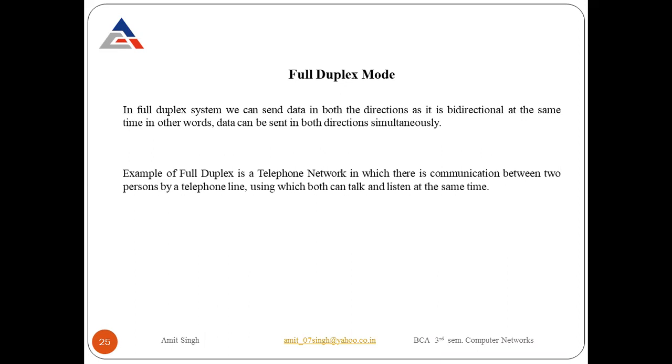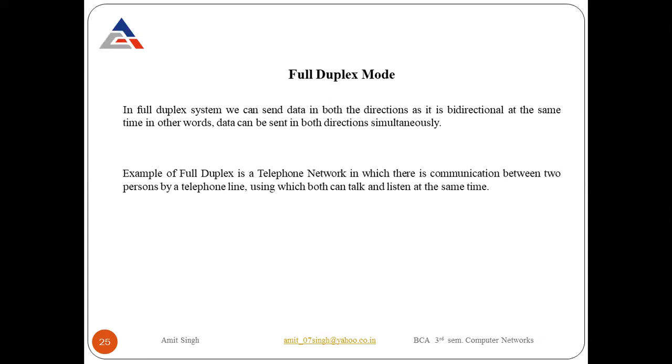What it means, in the case of full duplex, both are able to send and receive data at the same time. Both devices become sender and receiver at every time. An example of full duplex is the telephone network, in which there is communication between two persons by a telephone line, where both can talk and listen at the same time.